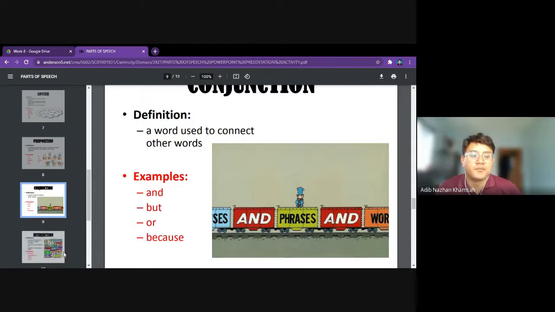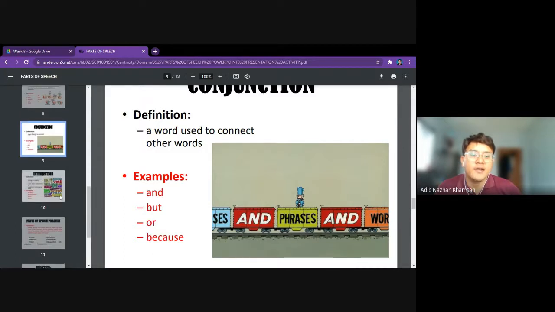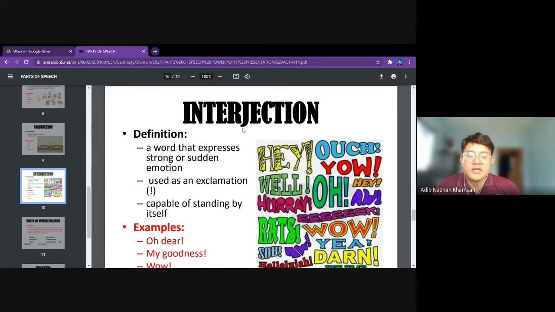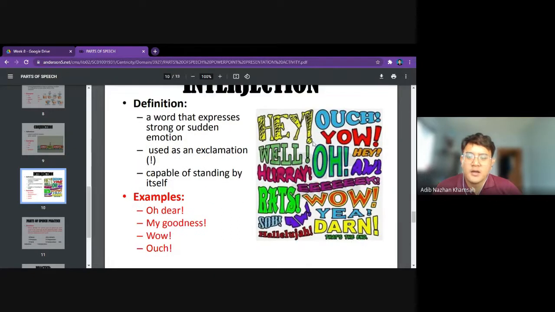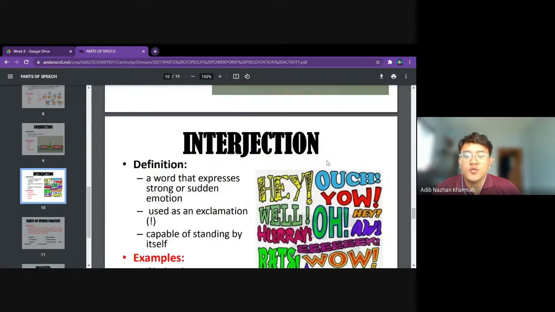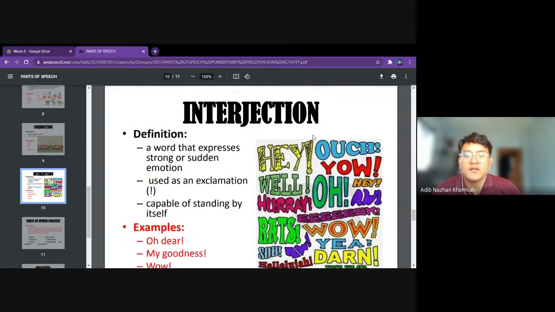Okay, that is conjunction. And the last one, interjection. So apa ni interjection ni? Okay, you can see this picture ada there's an exclamation mark here, tanda seru. So this one, if you see, this is called interjection. Okay.